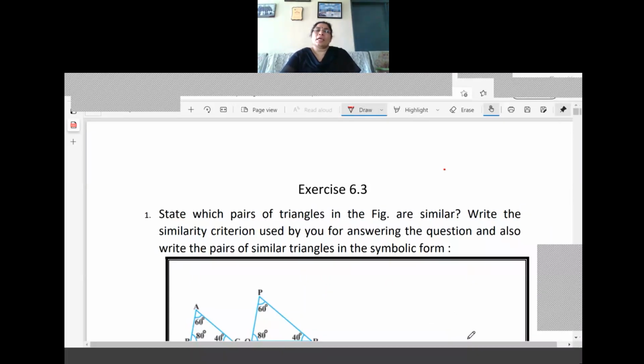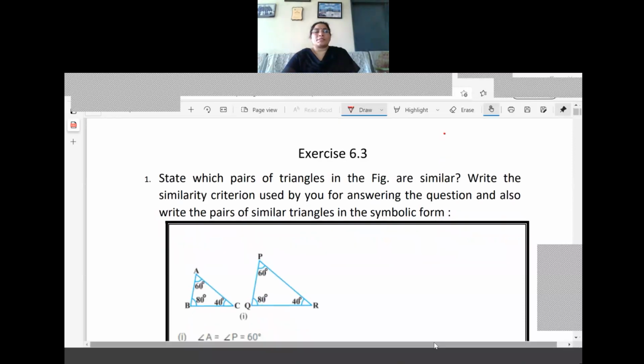The first question: state which pair of the triangles in the figure are similar. Write the similarity criterion used by you for answering the question and also write the pair of similar triangles in symbolic form. When similarity is there, you should write it in symbolic form.